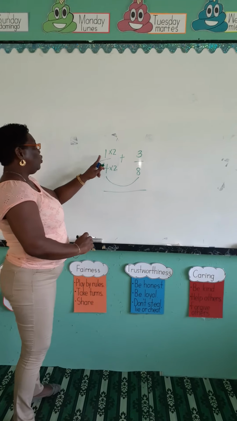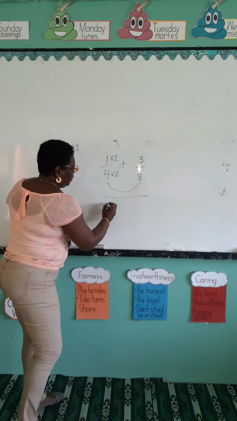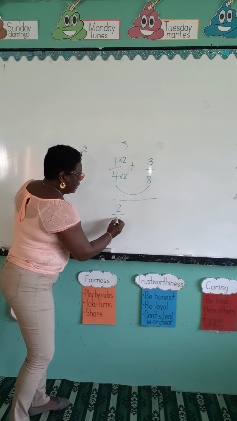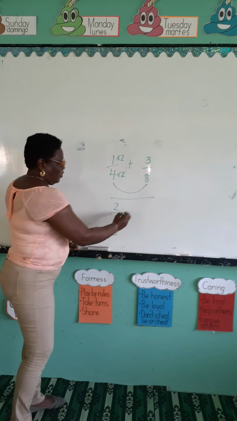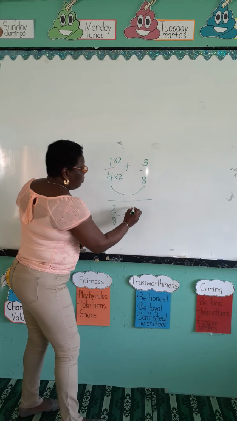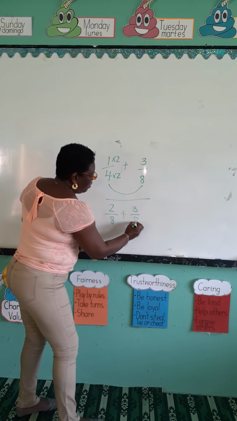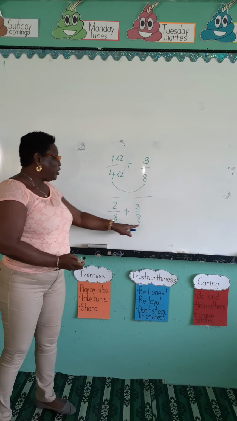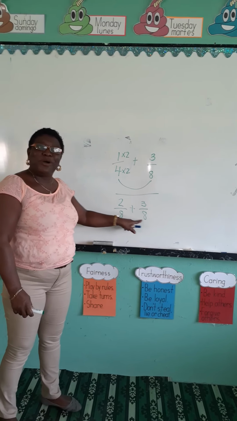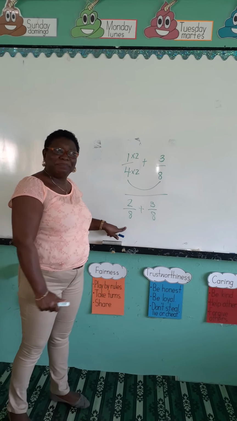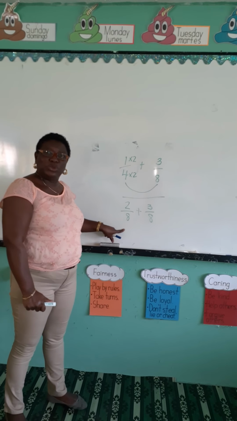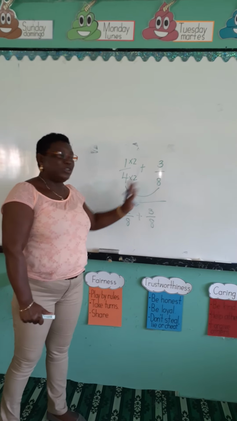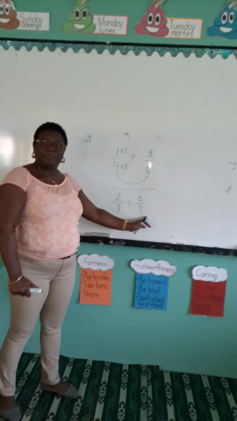So 1 times 2 is 2, and 4 times 2 is 8. We put our plus sign, and we bring down our 3 and our 8. Why? Because now our denominators are alike. That is what we want to do: change from having different denominators to having the same.